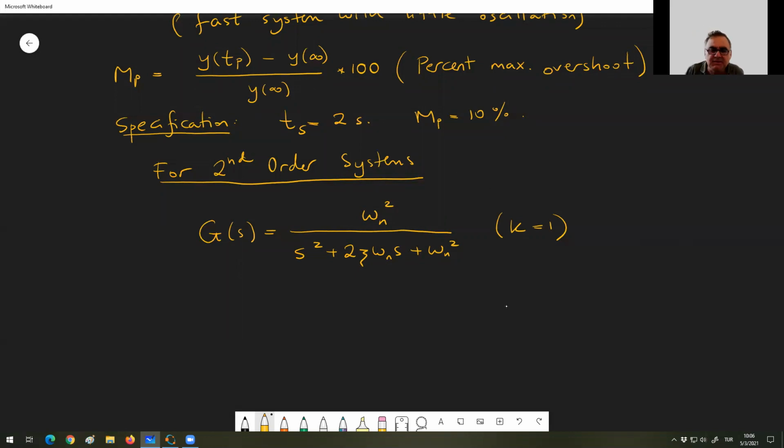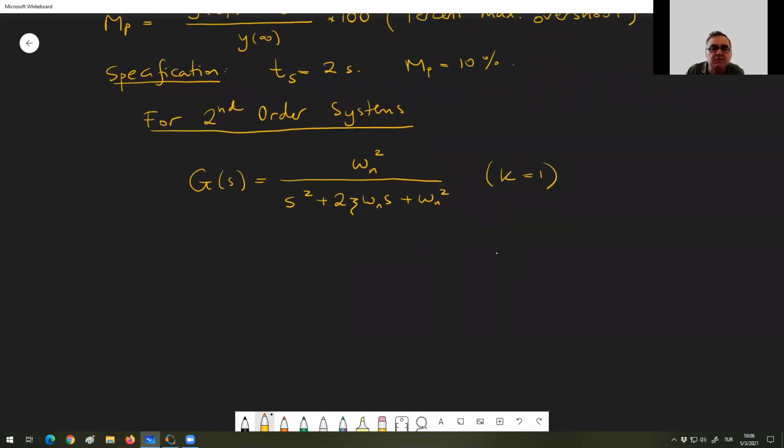So let's say that we approximate our closed loop system with this transfer function, and also let's assume that 0 is less than zeta less than 1. That is an underdamped system, which is reasonable.